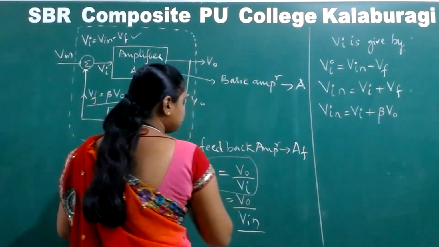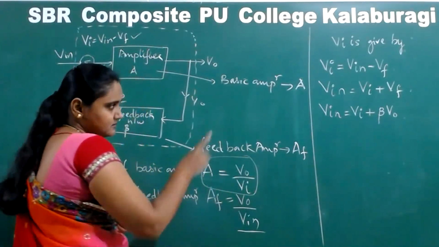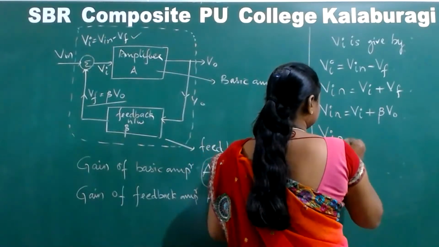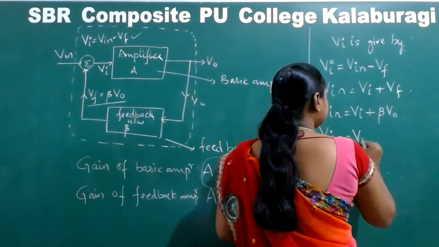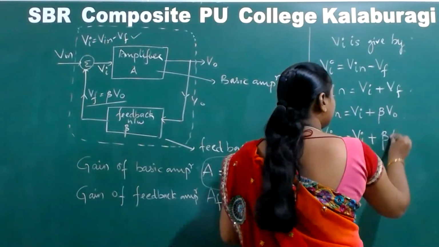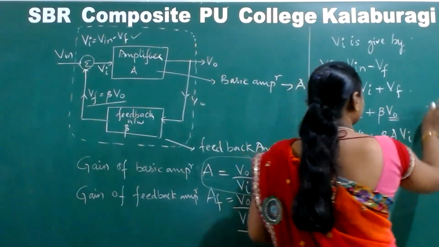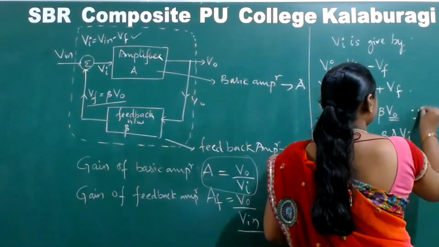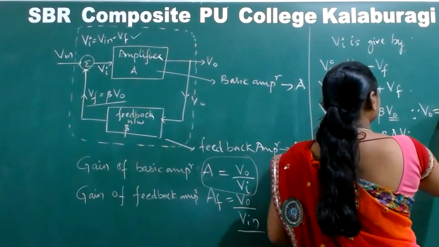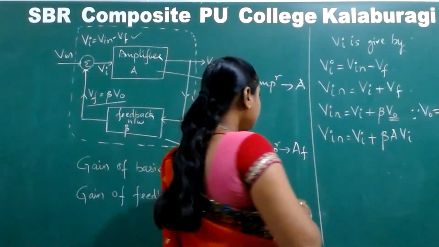From this expression, what is V naught? V naught is equal to A into Vi. Substitute there. Vin is equal to Vi plus beta into A into Vi, because V naught is equal to A into Vi.